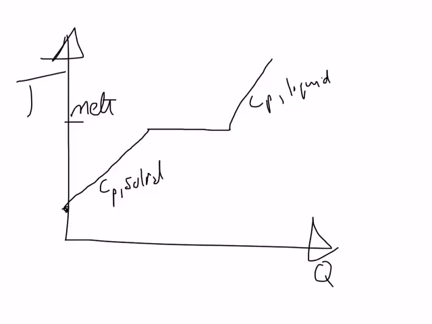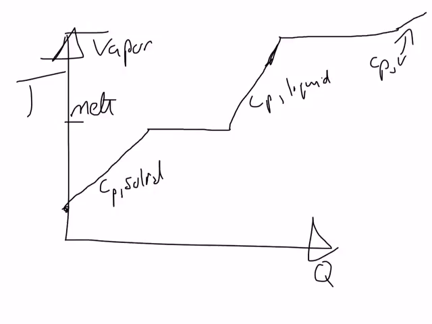Now, at some point, we're also going to reach the vaporization point. At that point, we also level off for a while until everything's a gas, and then we're going to go up at some other new third slope, Cp vapor.